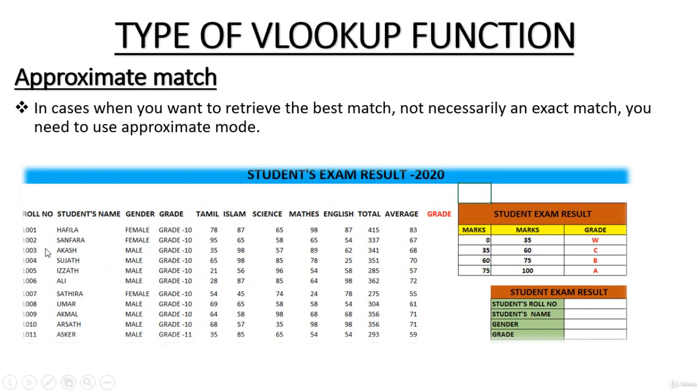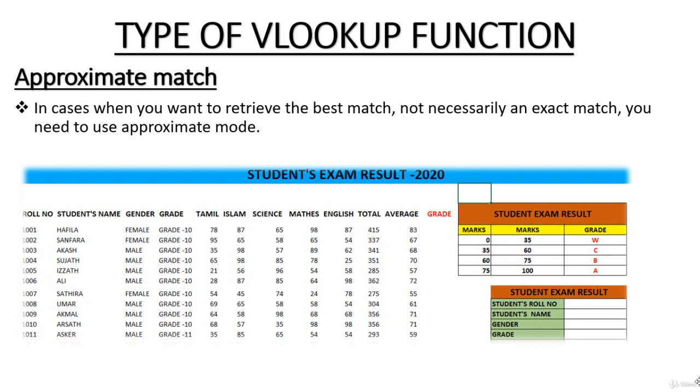For example, if I type the roll number 1001, the student name is exactly what is contained, Hafila, and it will be retrieved if I use the exact match, and for gender we will use exact match as well. At that time we will get exactly what is contained here, female, so it will be retrieved here as female. But the grade is based on the average.